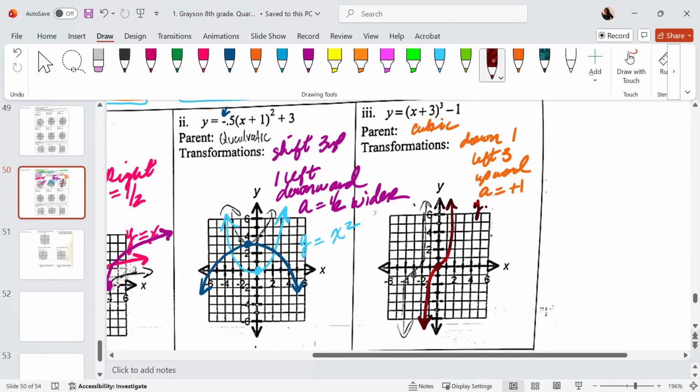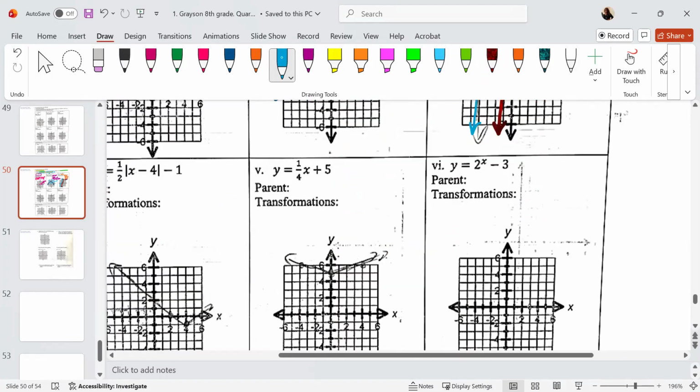Write that y equals x cubed. That's the parent function. Then yours is going to be 3 to the left, 1, 2, 3, down 1, right there. And it's just a normal shaped one too, like that. Does that make sense? Okay.